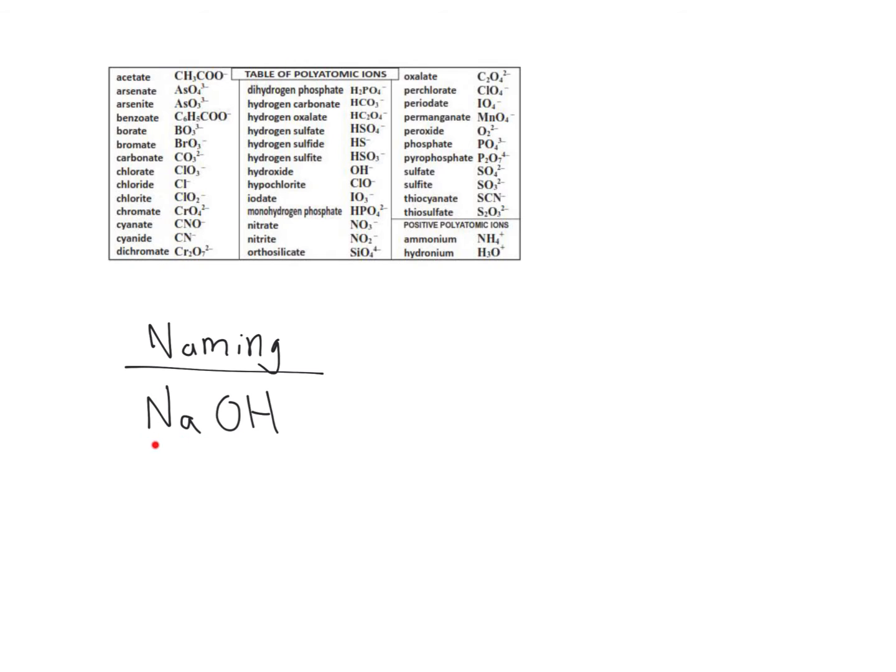So I know that this is sodium, so I am going to rewrite the metal. This is just like naming of ionic compounds. So rewrite the metal first, and then I'm going to rewrite the second part. When working with nonmetals, I would write chloride or sulfide, or I would just write the nonmetal with the IDE.